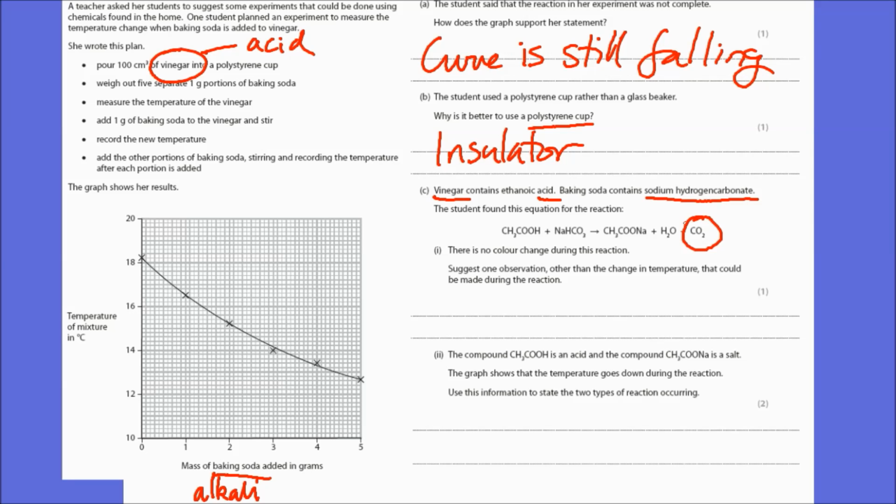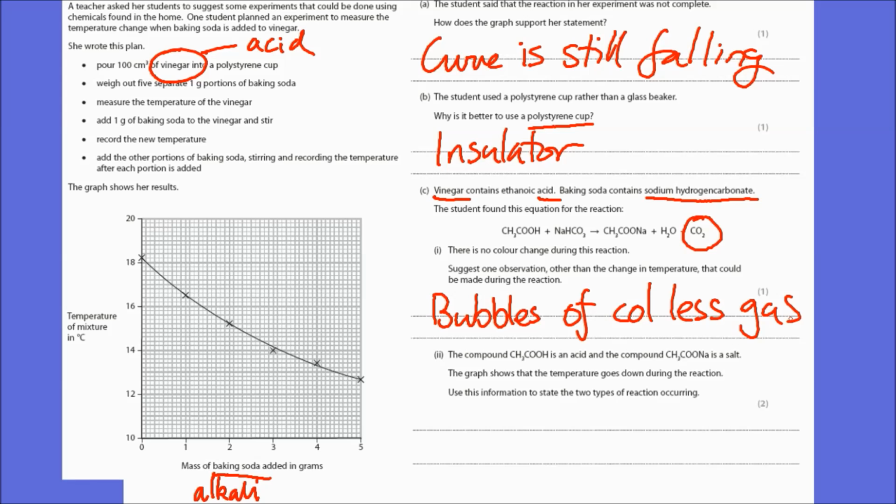What a lot of students will write here is they'll say, you'll see carbon dioxide being produced. Well, you can't actually see carbon dioxide, but what you would see in this experiment is bubbles. And the gas would be colourless, so bubbles of colourless gas would be your answer there.